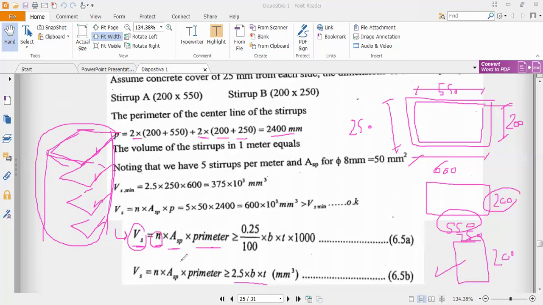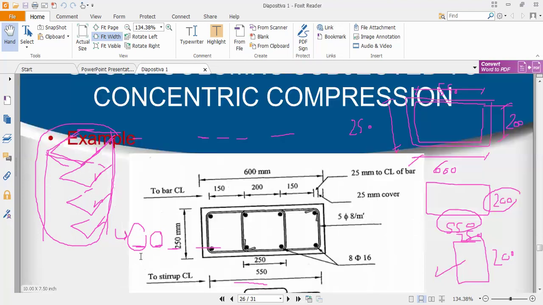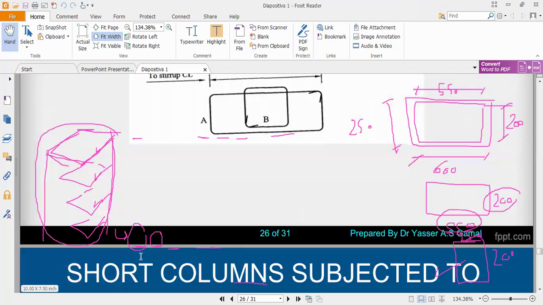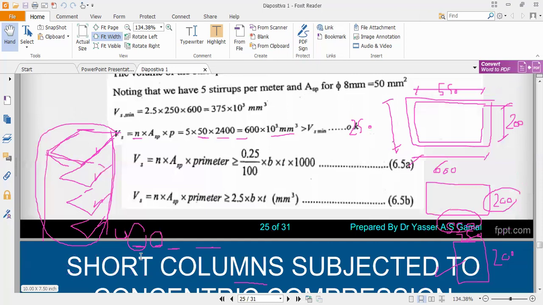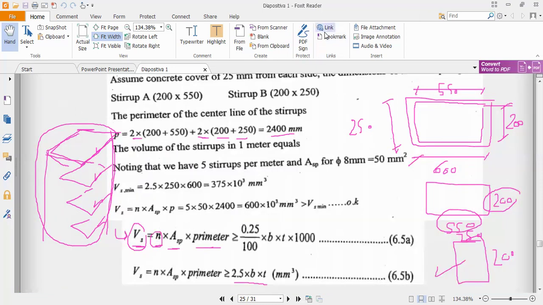I would like to explain n. How to get n? What's the value of n? With strips at 200 spacing, the total length of the column is 1.5 meters, divided by 200, which gives 5.